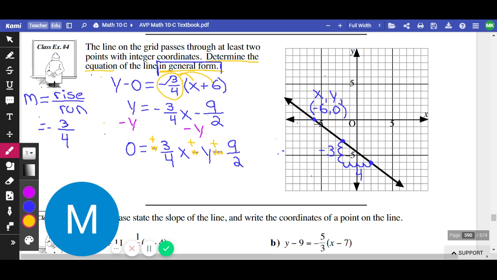So the lowest number they both could become is 4. That's the number you're going to multiply every fraction by. Every number, in fact. Y is not a fraction, but we're still going to multiply by 4. So we go into here and multiply everything by 4.